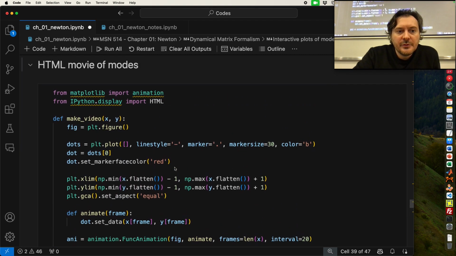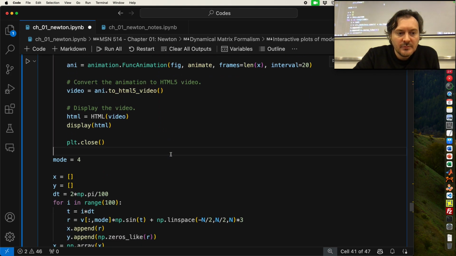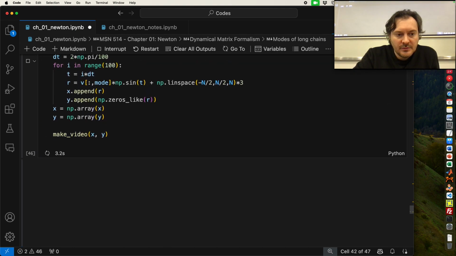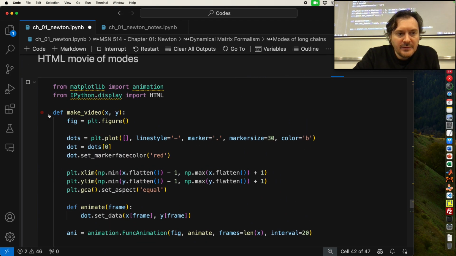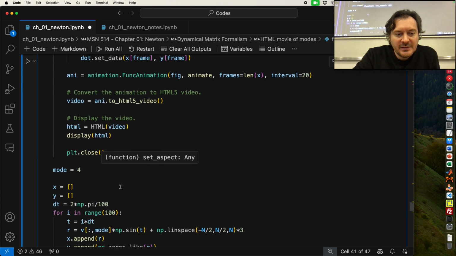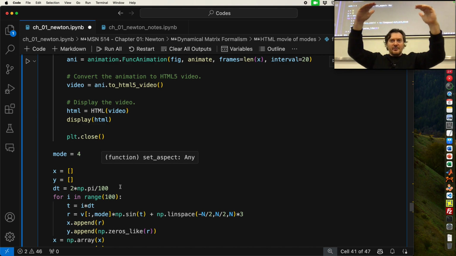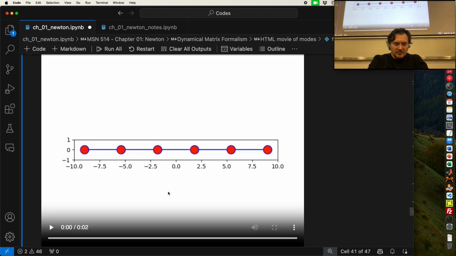Okay, this is just for the sake of how you can make a movie out of this. And let's run this. So how does it work? It has this definition, make a movie definition, and a bunch of things are happening here, and it basically takes in the values of x and y throughout some time, and it just plots them, and it looks nice.